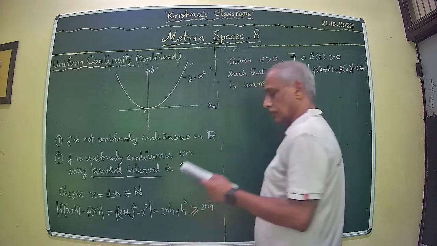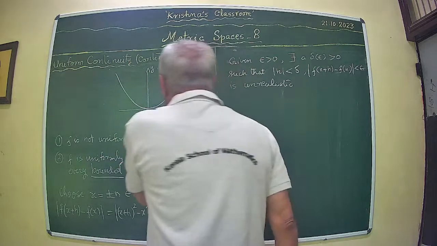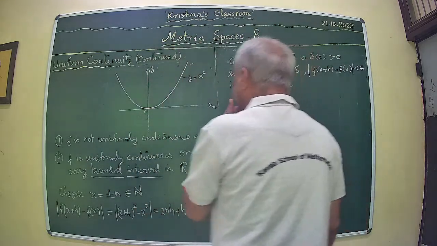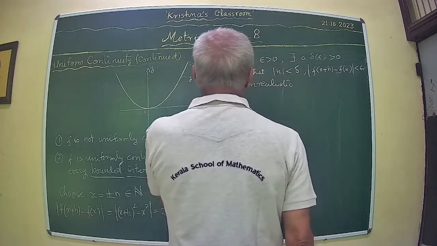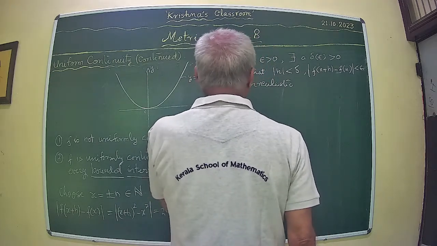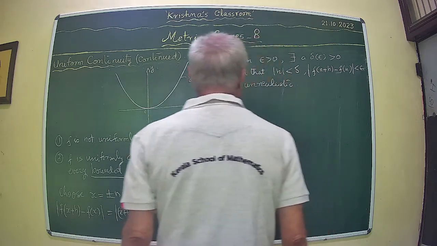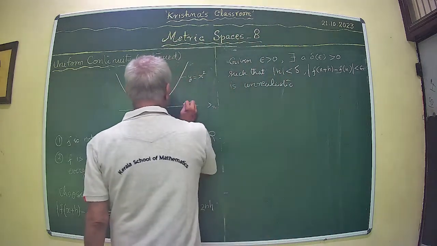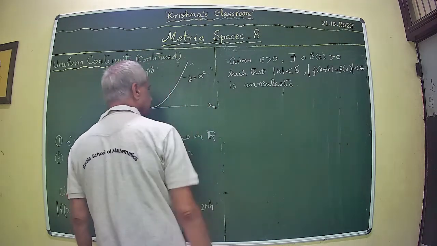Why is it not possible? See, for instance, given epsilon, suppose there exists such a delta.